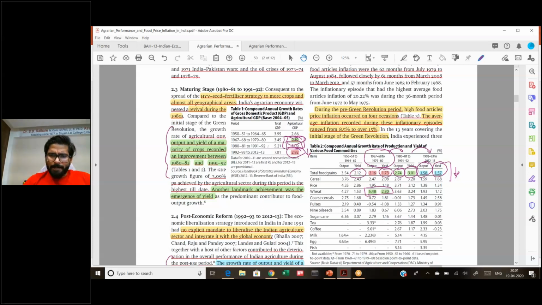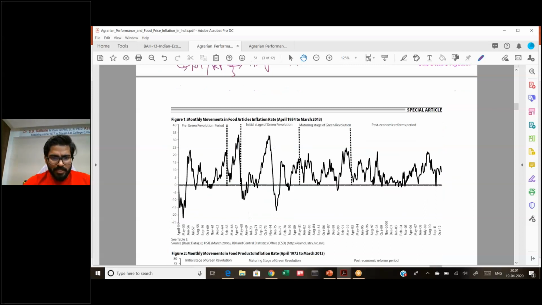If we go by the pre-green revolution period, we see that the food article price inflation was higher at four instances. This is the pre-green revolution phase, and you can find this, and this. These are the four instances where the food inflation was quite high.